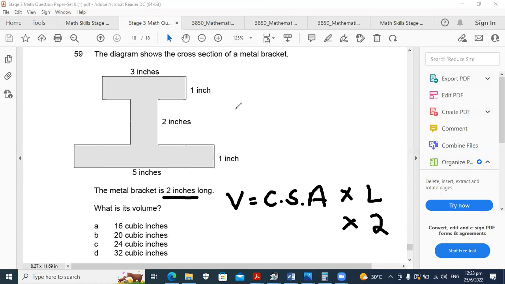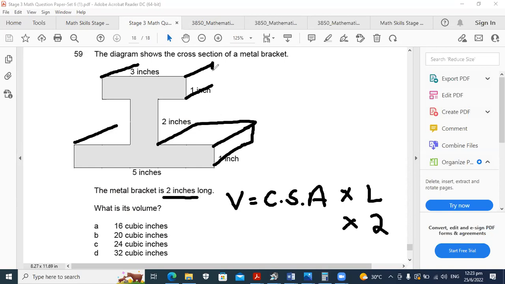So if you're to draw, this is how it actually looks like, you know. It's like a metal thingy. Not sure what they use it for. But this is how it would look as a 3-dimensional figure. All right.